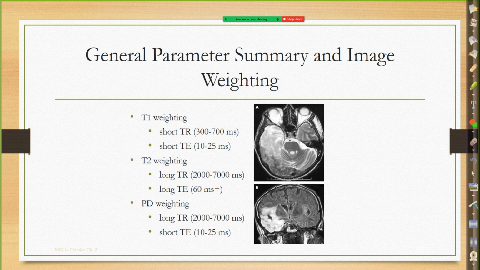T1 or T2? Do we have fluid in the globes of our eyes? Okay. What color is that? Bright or dark? Bright. So T1 or T2? T2. Good. And we have some kind of pathology right here in the temporal lobe.